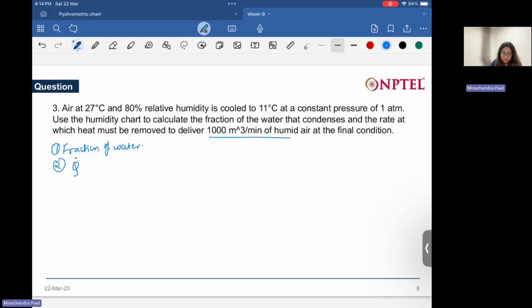So this is a question where you are basically cooling the air from a higher temperature to a lower temperature. So like the AC.